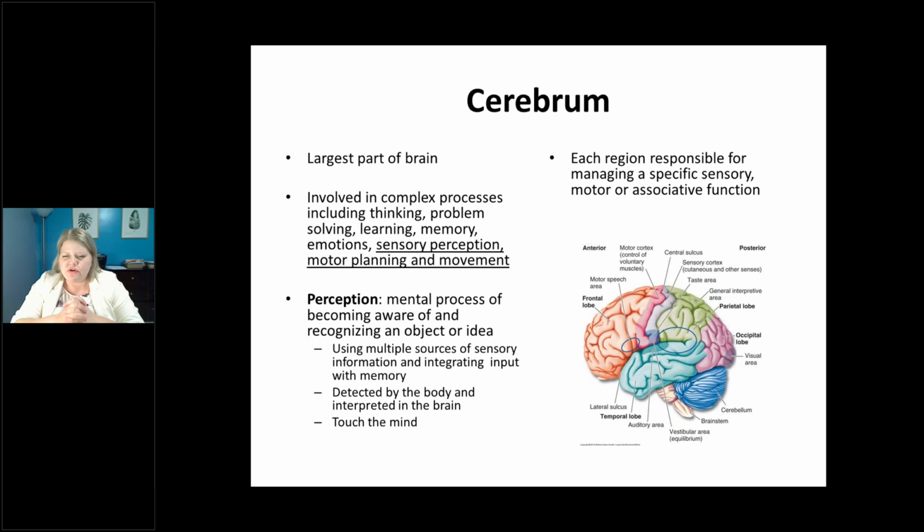I just need you to know that there are different regions of the brain for specific sensory or motor or associative functions. We're going to focus on the pre and post central gyri for our purposes, I believe.